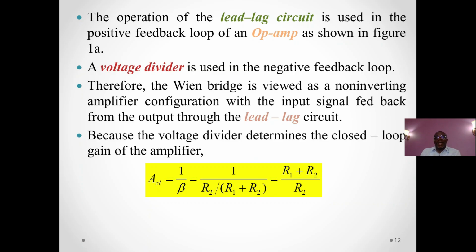The lead-lag circuit of the Wien bridge is used in the positive feedback loop of an operational amplifier, as we can see in the figure. Now, when we say positive feedback, it's positive in the sense that it helps to improve the strength of the signal that is fed back to the operational amplifier.